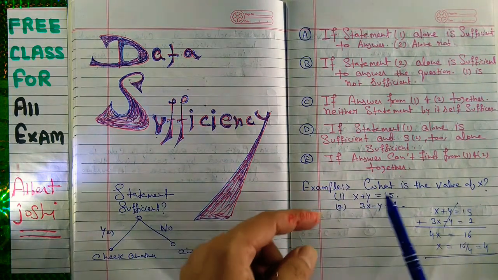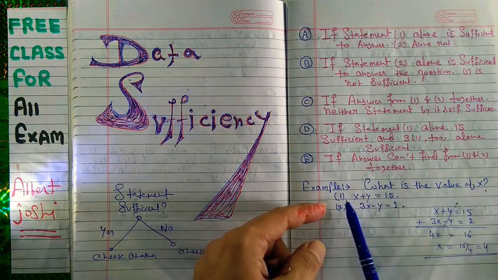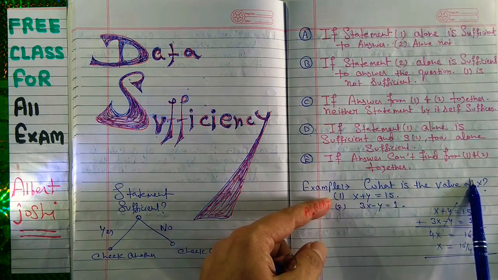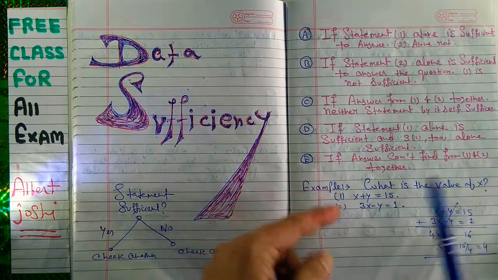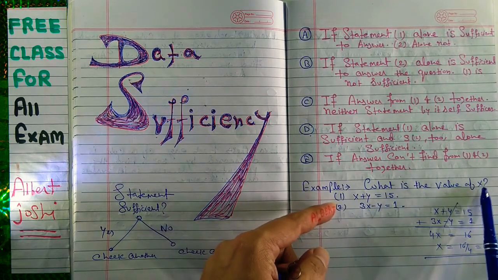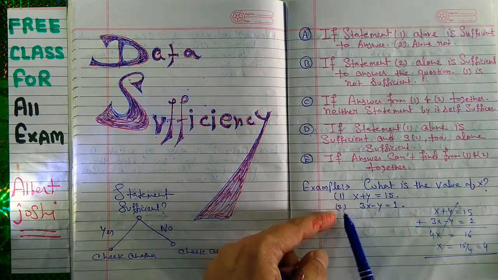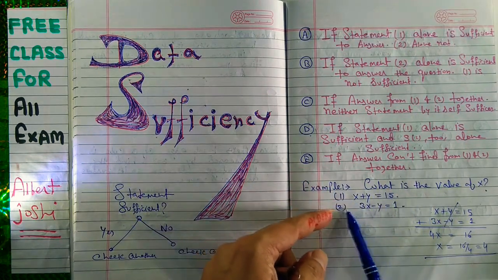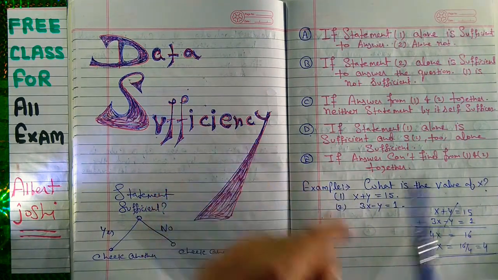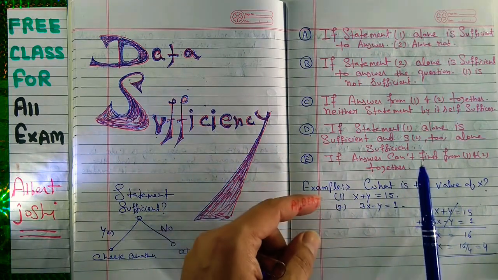Sometimes it is possible you have a question where with this you can find x, and with this also you can find x. Maybe you can find the value of x with 1 or 2 or maybe both, or maybe not from first and second. Any case can be possible, and we will solve all types of cases.